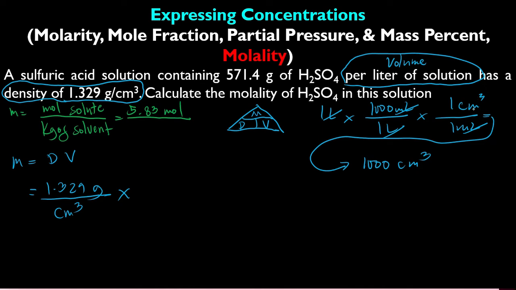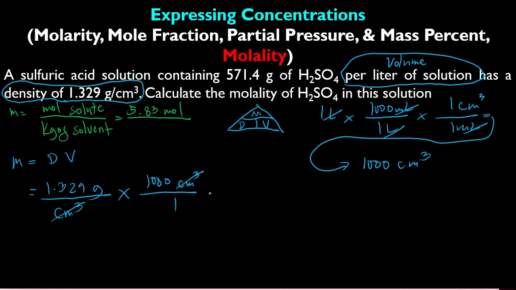So we convert the volume into cubic centimeters so that we can cancel the units, and the remaining unit is grams. We have 1,000 cubic centimeters over 1 as the volume of our solution.